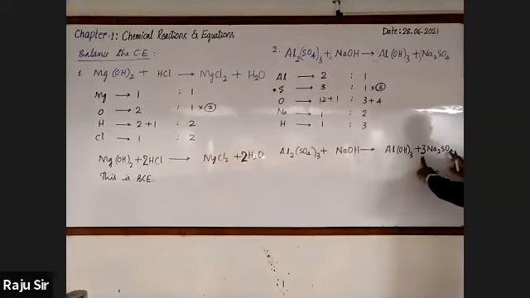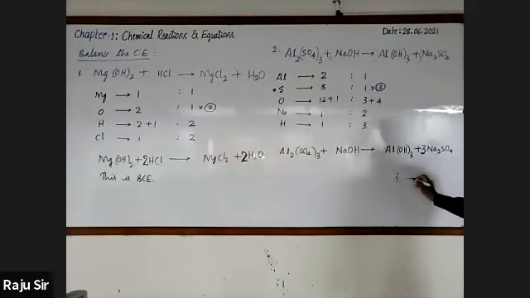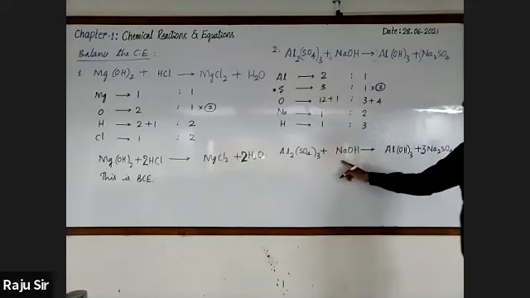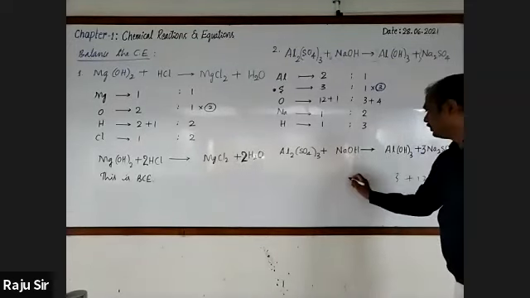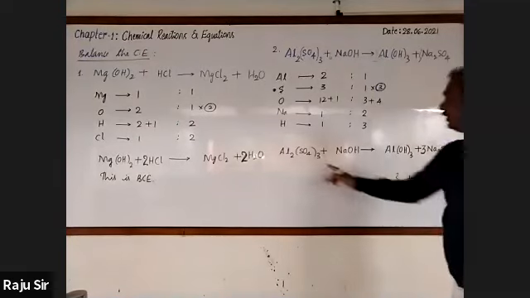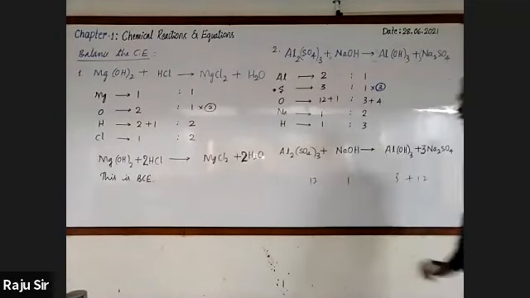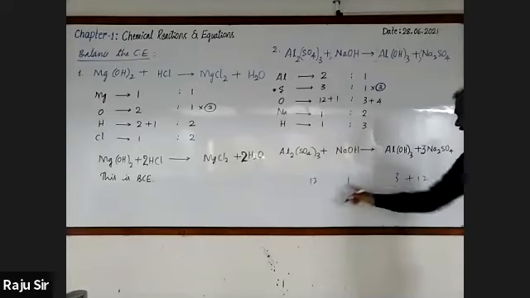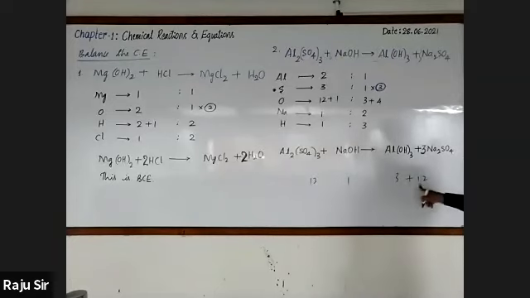Next, oxygen, 3 fours are 12, 12 atoms of oxygen plus 3 is 15. But here, 3 fours are 12, 12 plus 1, 13. Oxygen is not balanced because it is distributed.